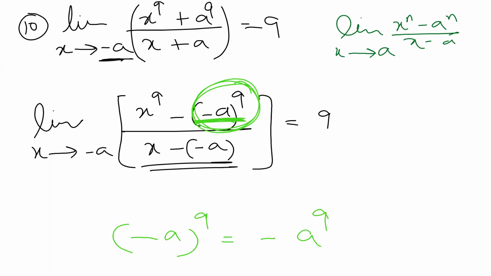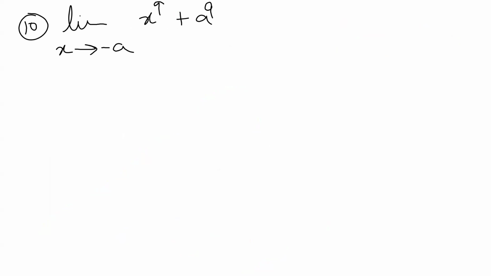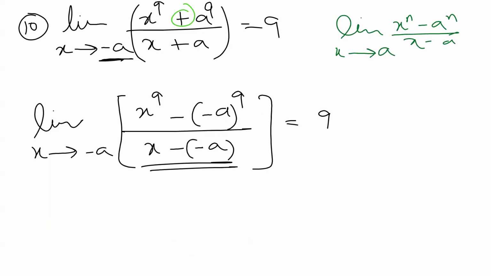So this minus along with this minus makes this plus. Anyone has any confusion? No, sir. Okay. So this is the adjustment which I have done. And then I will proceed.